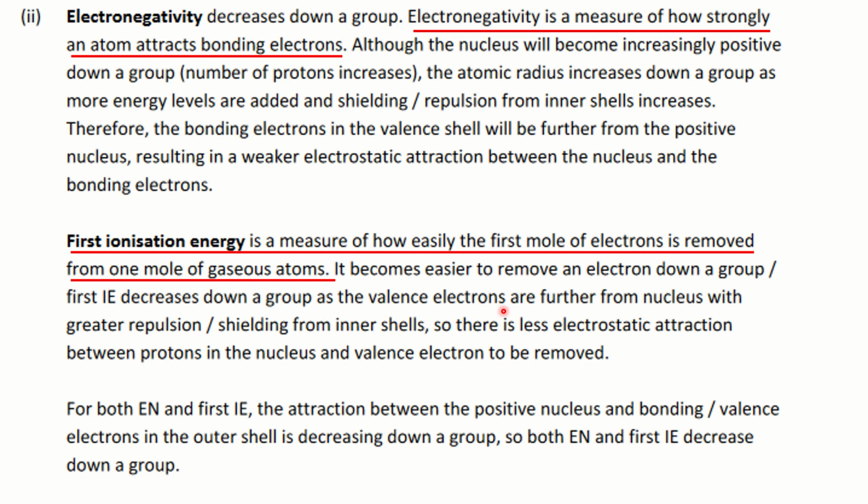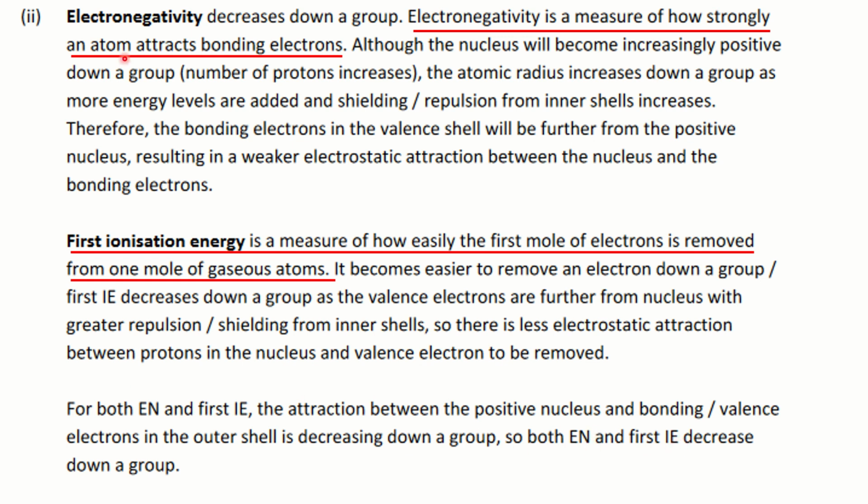So there is less attraction between protons and the electrons, and it's easier to remove them. So for both electronegativity and first ionization energy, the attraction between the positive nucleus and the bonding valence electrons in the outer shell is decreasing down a group. The attraction is decreasing, and that means that the electronegativity and first ionization energy decrease.